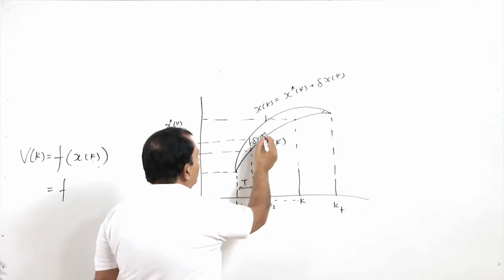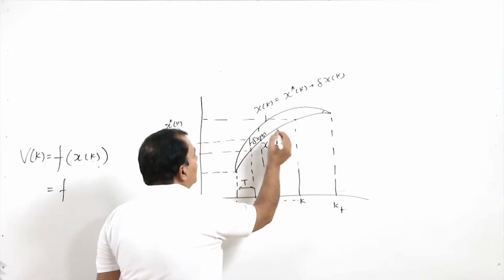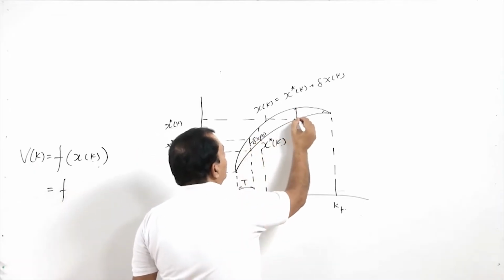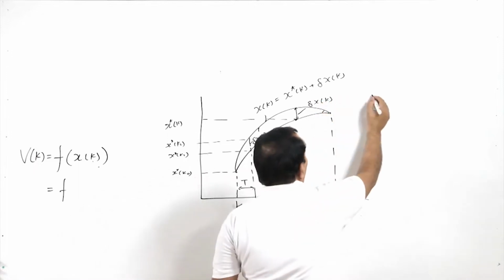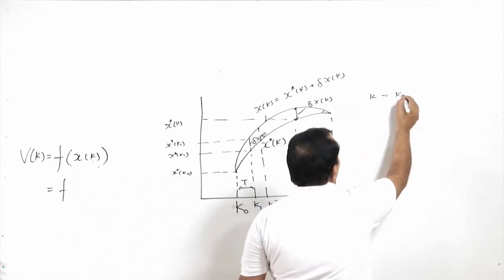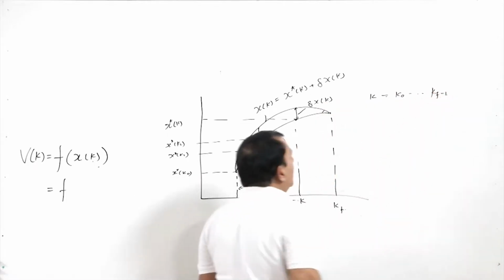Like at this point this is delta x k1, similarly I will have here, and let us say this is delta x of k, where k is varying from k0 to kf minus 1.